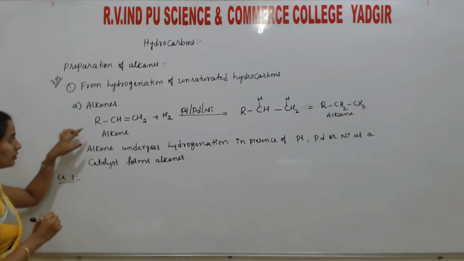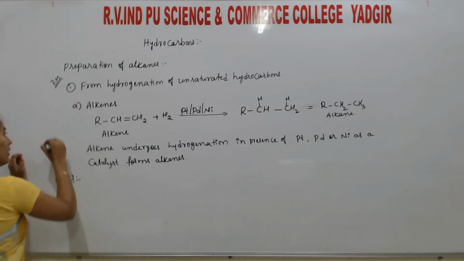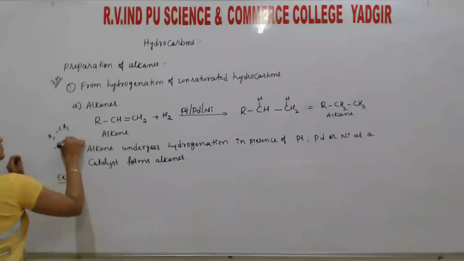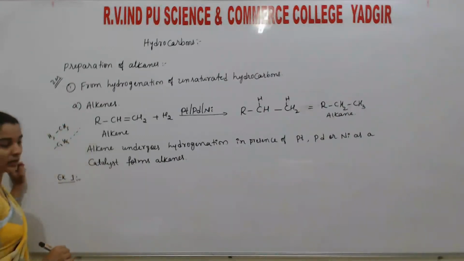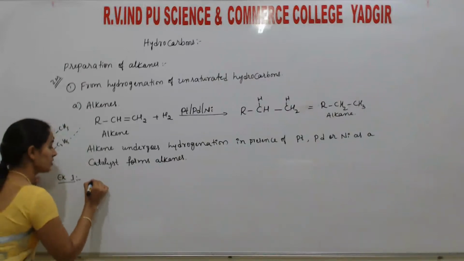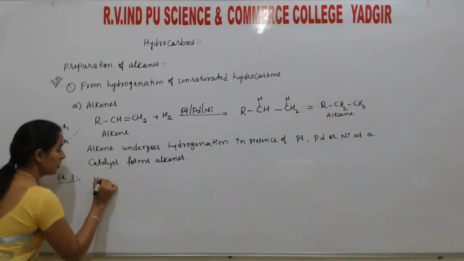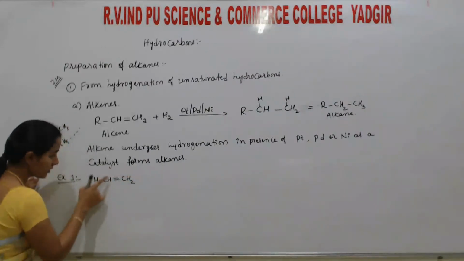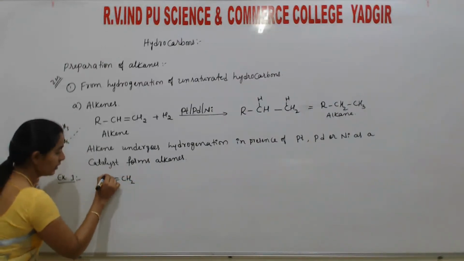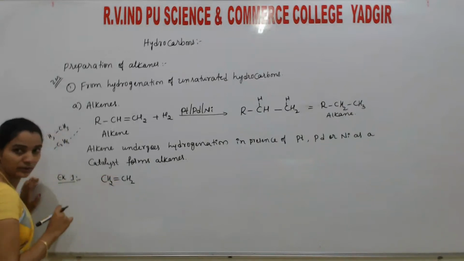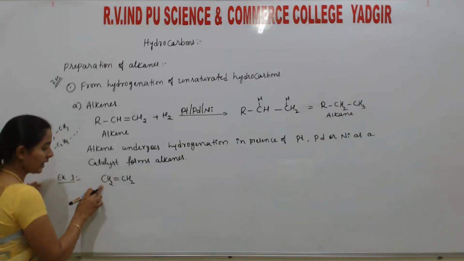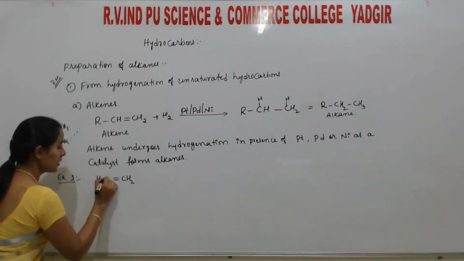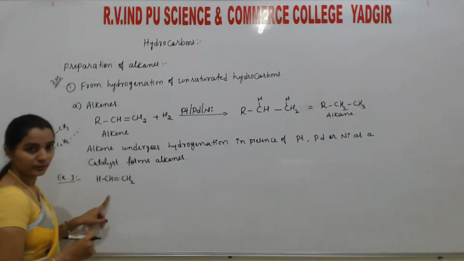So I told you this R can be replaced by hydrogen or CH3, C2H5, etc. Initially I will go with H, that is H, CH double bond CH2. Together we can write it as CH2 double bond CH2. Don't confuse.